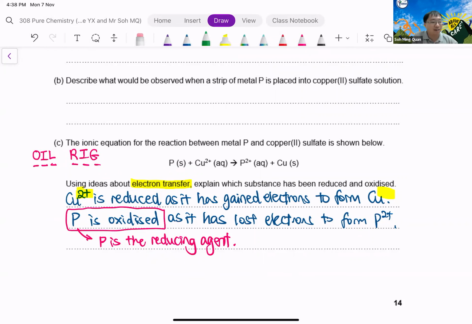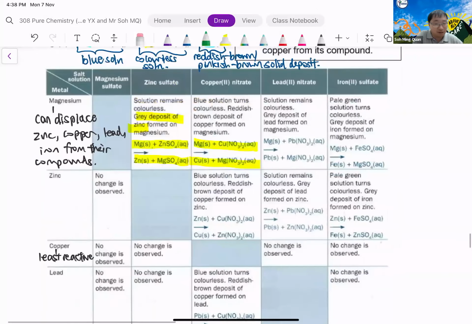That's how you usually explain. Don't you have to explain in terms of displacement? So you know it's more reactive because P can displace. Complete the sentence. Displace the electrons? No, don't displace electrons. Look at the previous page.